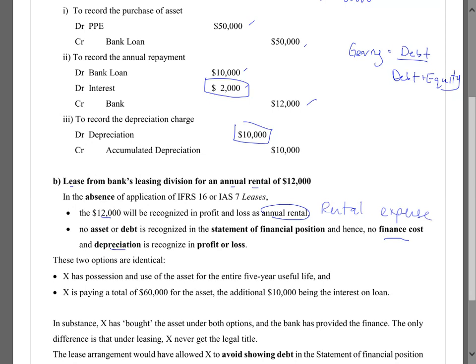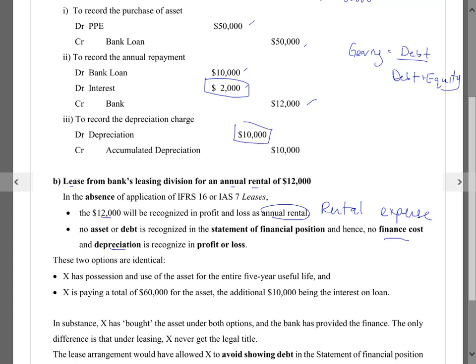In terms of expenses, same. Here I have 2 and 10, here I have 12. Overall profit will be similar. But what's the main difference? Here I do not have an asset or liability. Up here I have an asset and a liability.